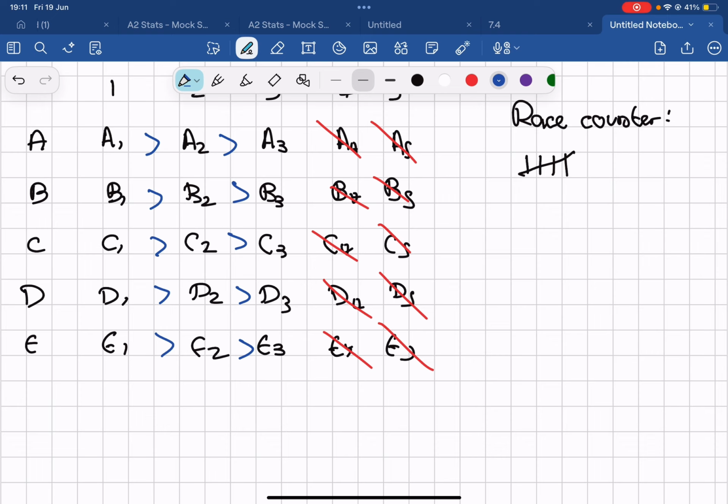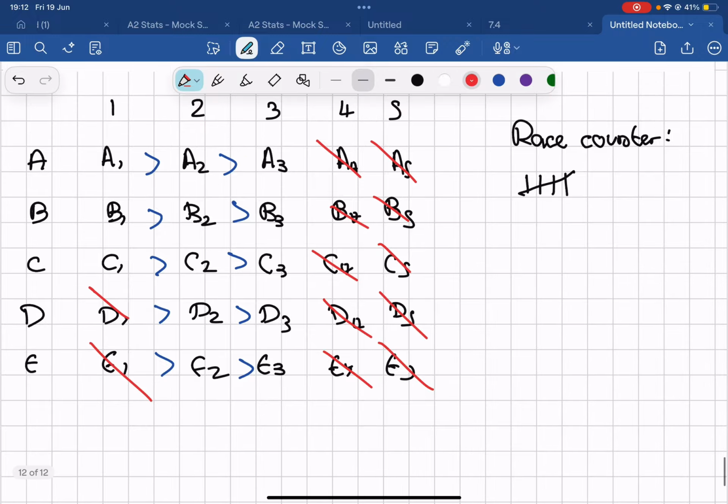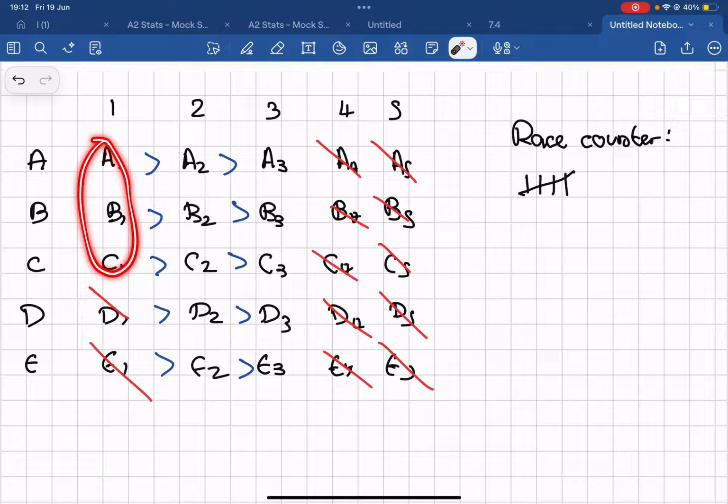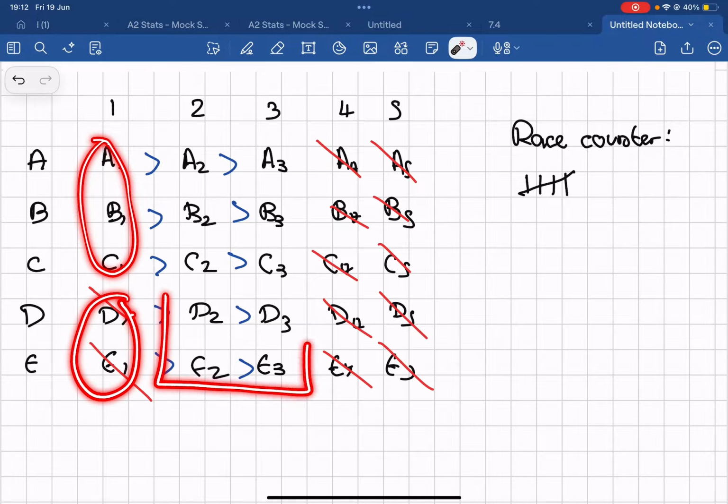So now let's race the winners of each race. So A1, B1, C1, D1 and E1 all race. And obviously we eliminate the slowest 2. So we eliminate E1 and D1. Now, since we know that A1, B1, C1 are all faster than these 2, this means that they must also be faster than all of these horses here.